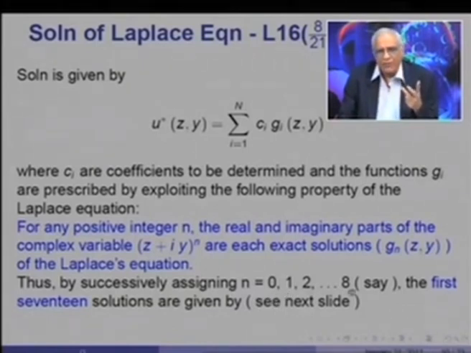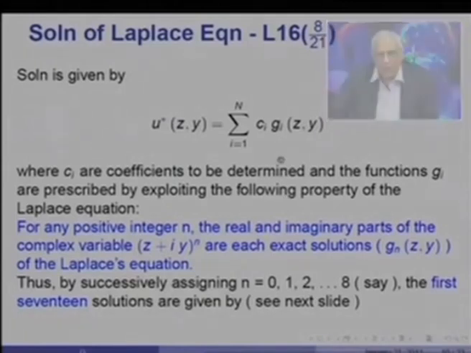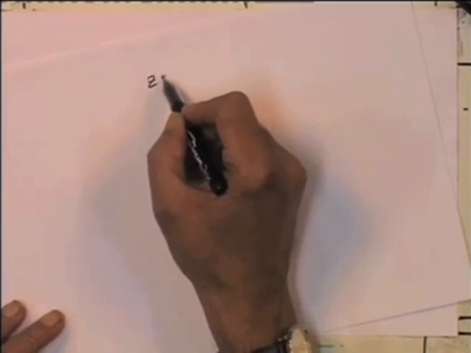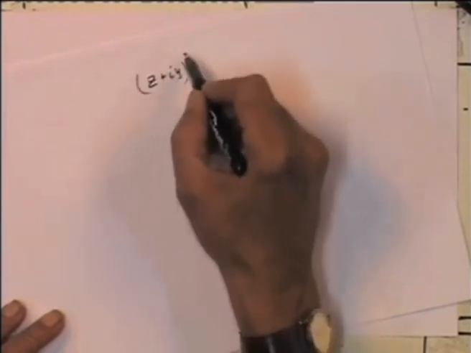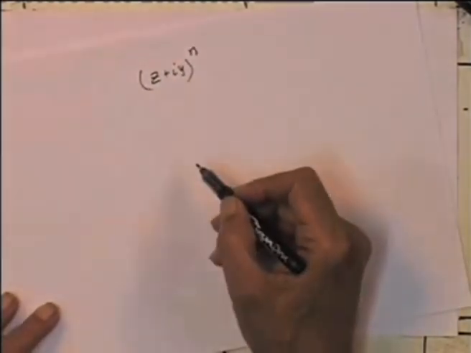You are of course welcome to take even 10 or 12 and generate 21 or 22, 25 solutions. So, the functions g_i would read as follows, and I will show you how they are evaluated. (z plus i y) raised to n is each a solution.